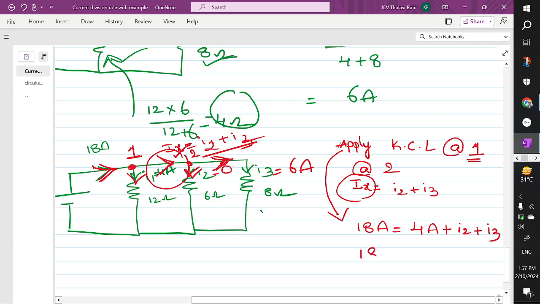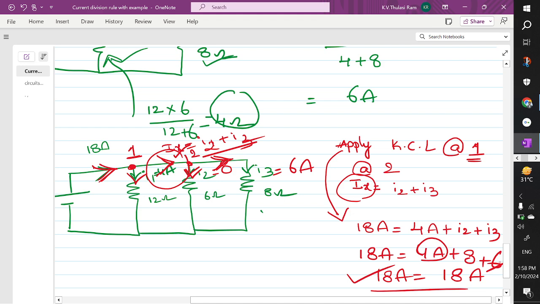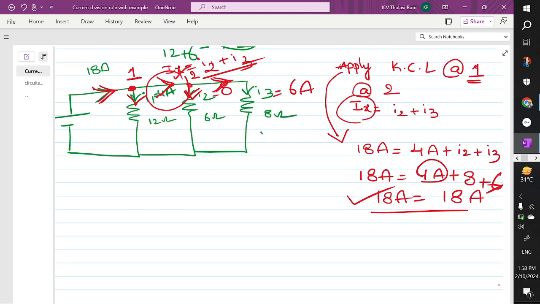I1 is 4 amperes, I2 is 8 amperes, and I3 is 6 amperes. Just add 4 plus 8 plus 6, which is 18 amperes, and 18 amperes on the other side. So as per the given question, Kirchhoff's current law is verified.